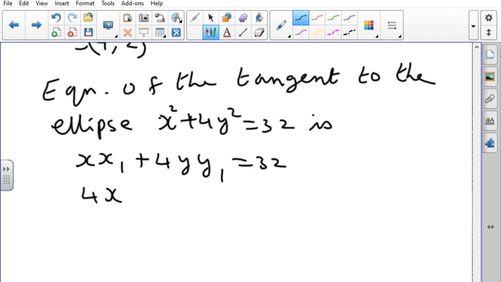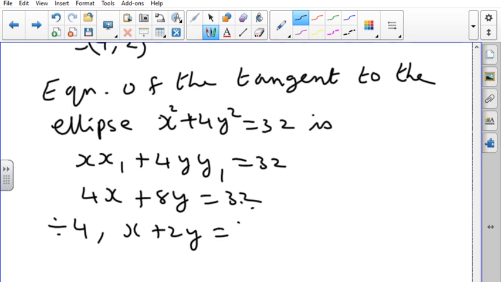So 4x plus 8y is equal to 32. Dividing throughout by 4, we get x plus 2y is equal to 8. So this is the equation of the tangent. Now we have to find the equation of the normal.